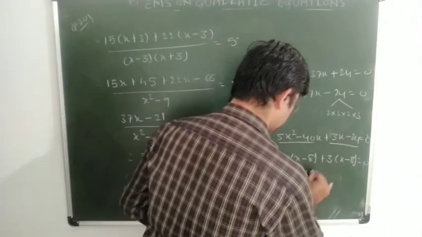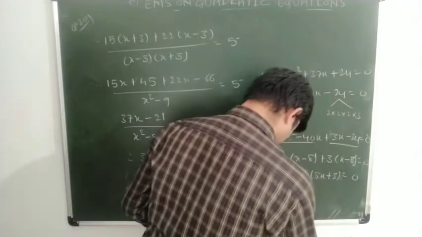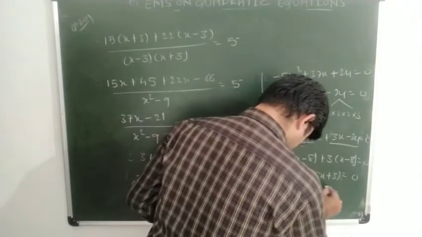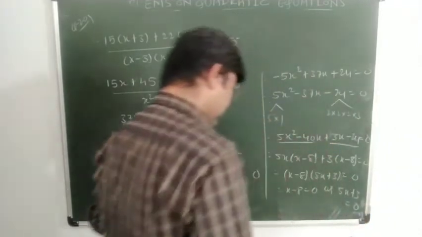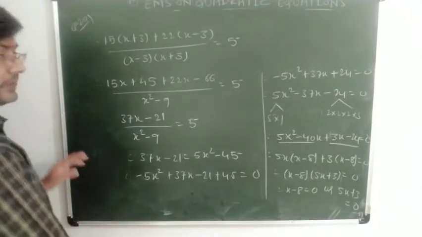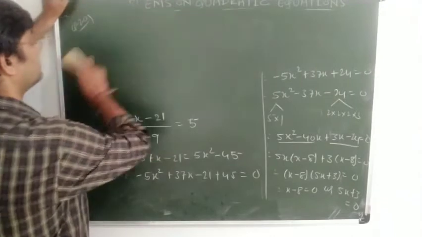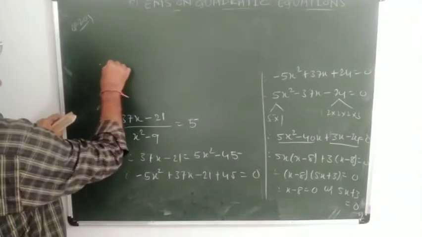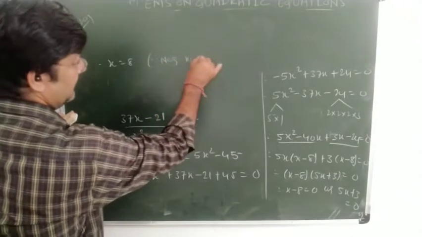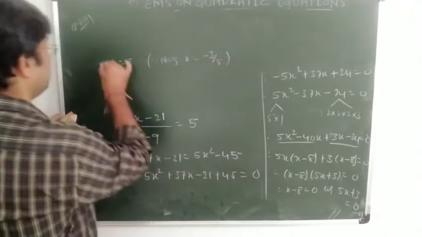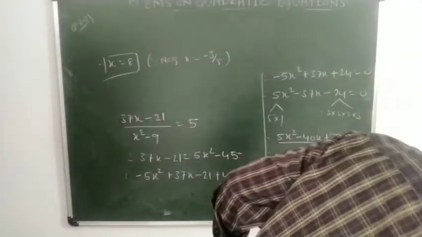Therefore x minus 8 into 5x plus 3 equals 0. Therefore x minus 8 equals 0, or 5x plus 3 equals 0, and therefore x is equal to 8, and neglecting x is equal to minus 3 upon 5. So we have got the value of x.